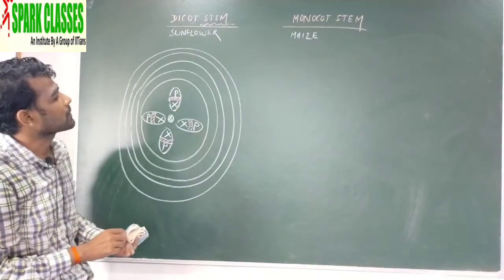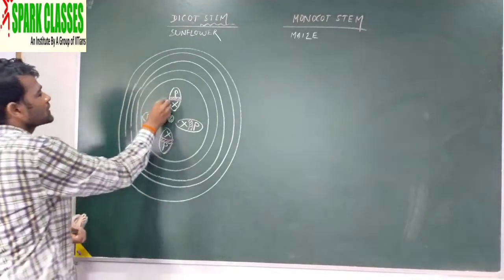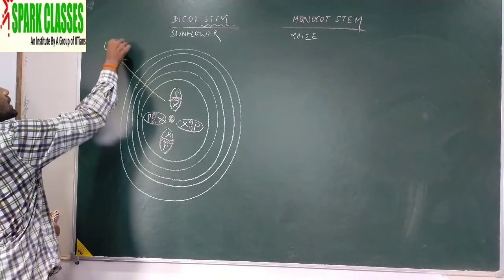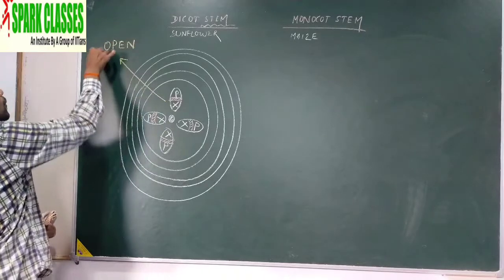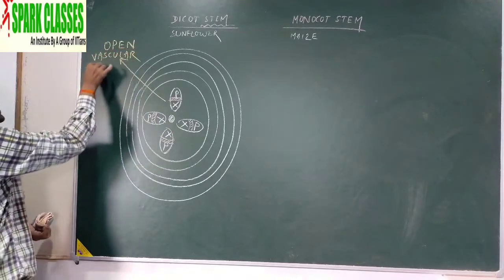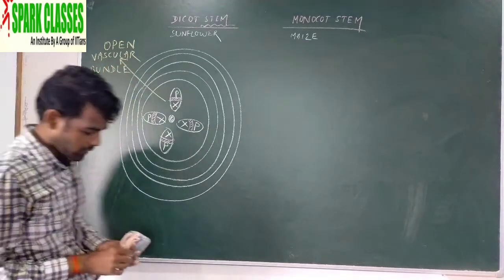So that's why in case of dicot, you find open vascular bundles. This type of bundle is known as open vascular bundle.